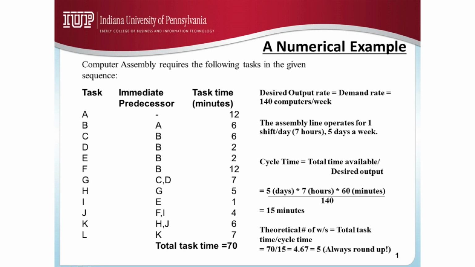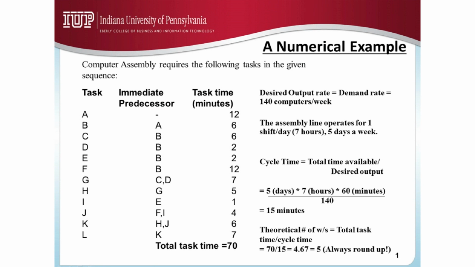So 5 days times 7 hours times 60 minutes divided by my desired output, which is the demand, 140 computers per week. If you do the simple arithmetic here, 5 times 7, 35 times 60 divided by 140, you will get 15 minutes.